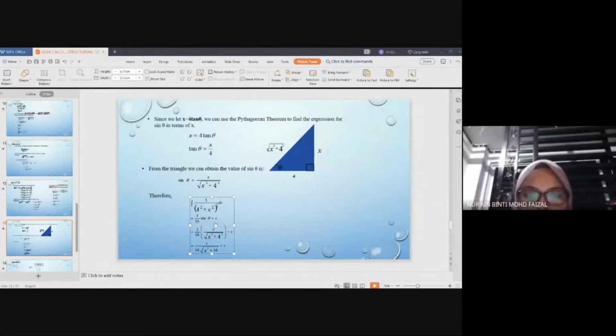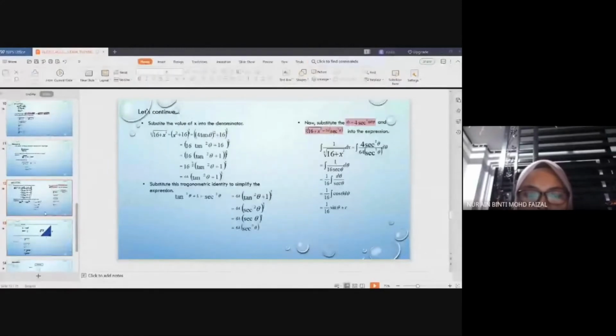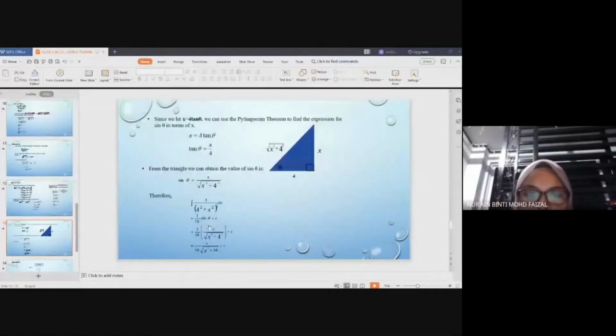You just found this value right now, and then you substitute the value of sine theta with x over square root of x squared plus 4 squared, and then plus c. Just multiply it normally and the final answer will be x over 16 times square root of x squared plus 16, plus c. Okay. I will pass this lesson to my friends. Thank you.